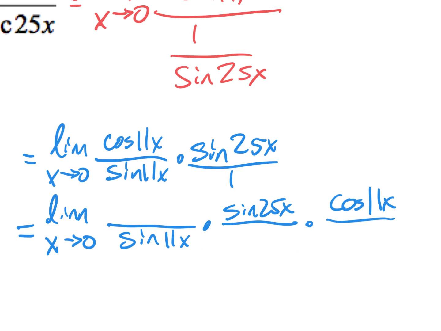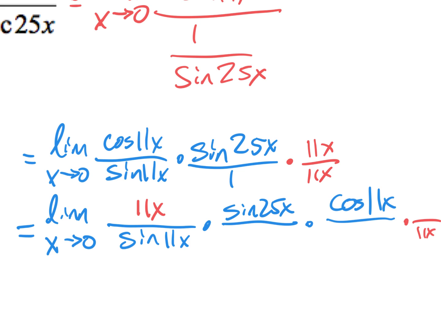Okay, what do I wish I had? Well, I wish I had an 11x here. Well, I can do that. I can multiply by 11x on the top as long as I multiply by 11x on the bottom, right? So I'm going to have an extra 11x out of there.